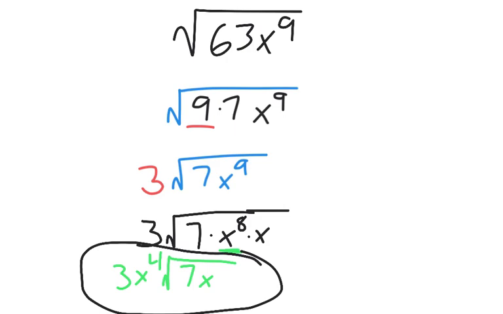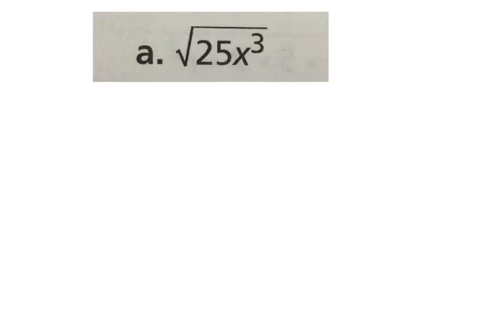Just like if we had this one, the square root of 25x to the 3rd. 5 times 5, so the square root of 25 is 5.